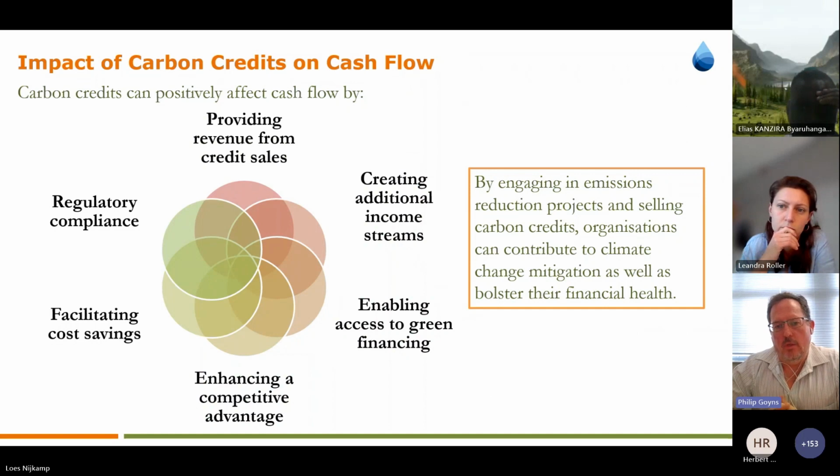Generally, the aim of the carbon credit project is not to generate profit, but to reduce emissions, within a reasonable return from the carbon credits. The carbon credits are intended to incentivize the feasibility of a project.